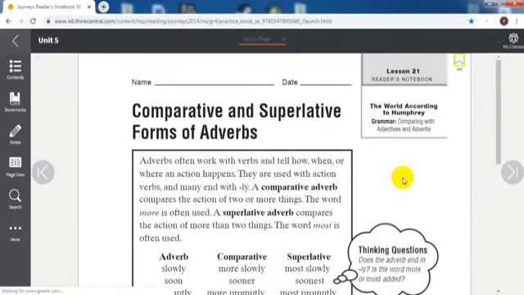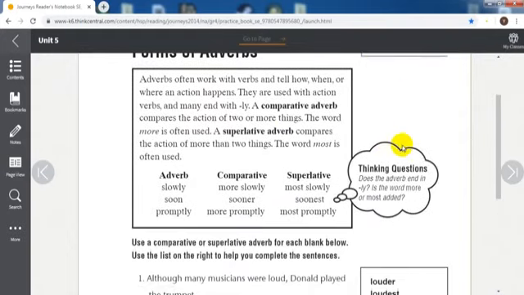So, comparative and superlative forms of adverbs. Okay? And we took adverbs, remember? Adverbs often work with verbs and tell how, when, or where an action happens. Remember lesson 17 we had adverbs?